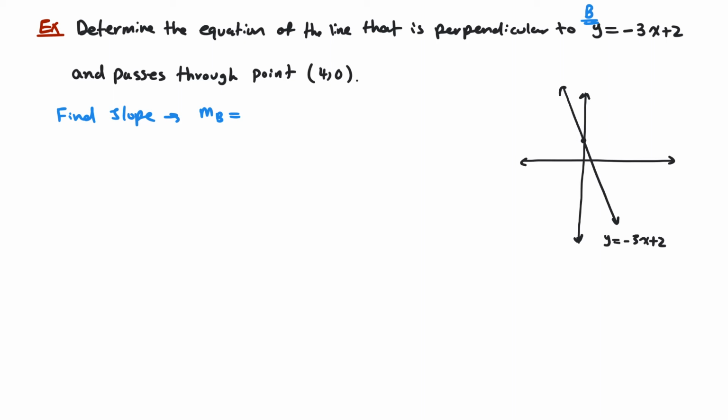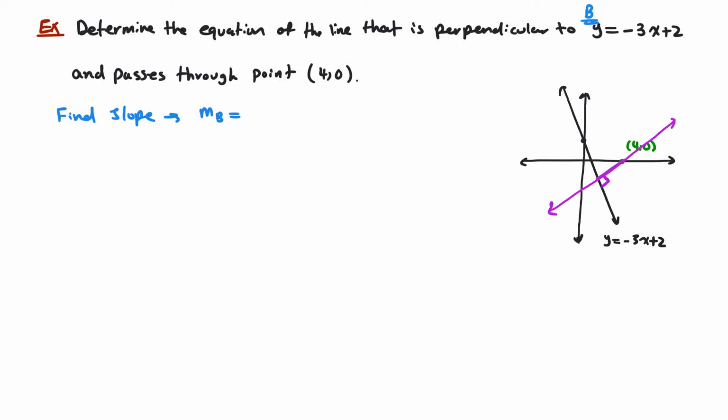And we're trying to find the equation of a line which is perpendicular to this, but it's going through the point (4, 0). And (4, 0) is approximately here. So I'm trying to find the equation of a line that is passing through this point, and it's also perpendicular.